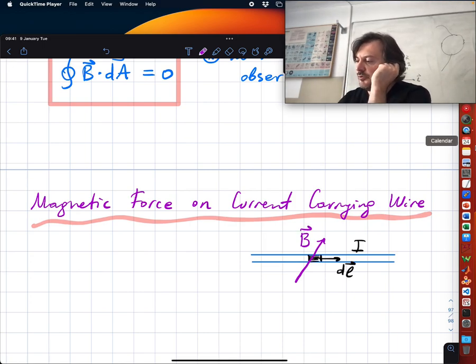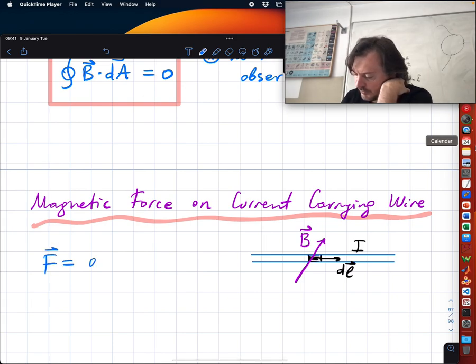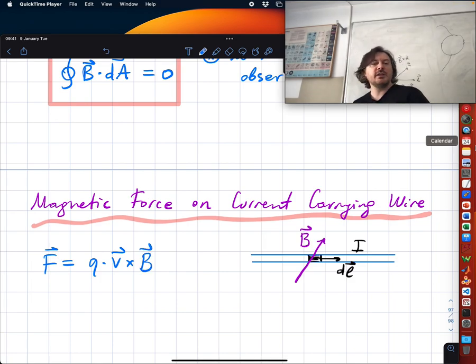So let me start from what I already know. Force is equal to Q times V cross B. And this was the case for the force felt by charges moving with a certain velocity. Isn't current also some charges moving with a certain velocity?